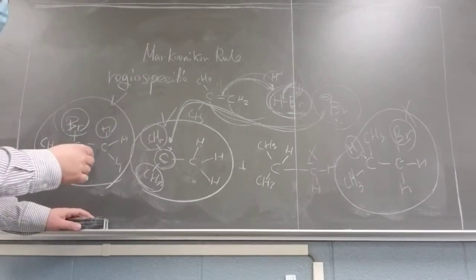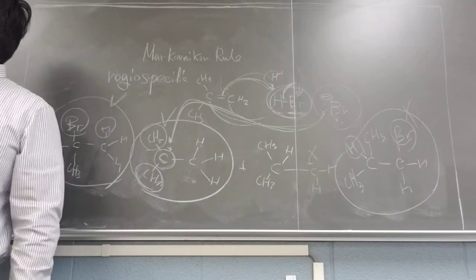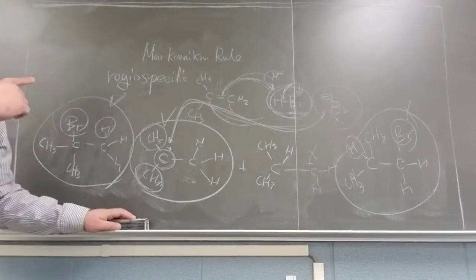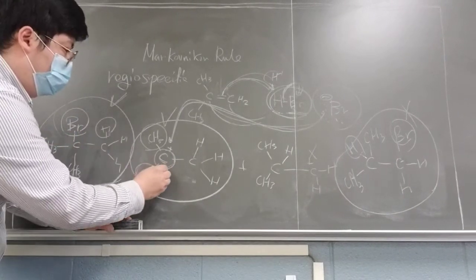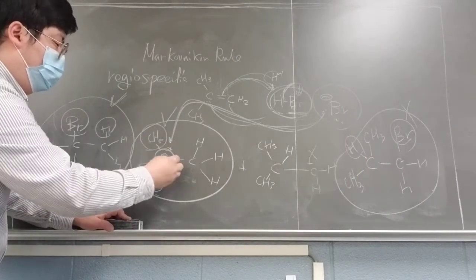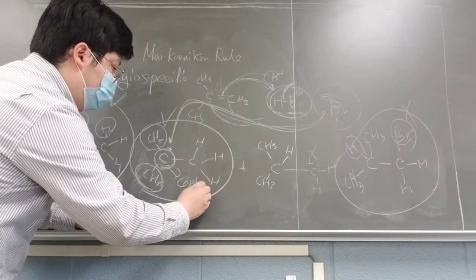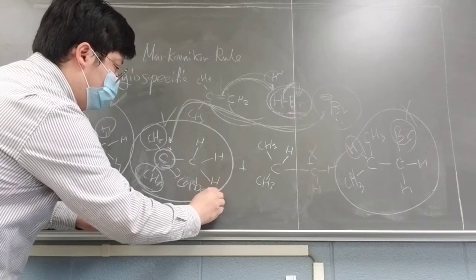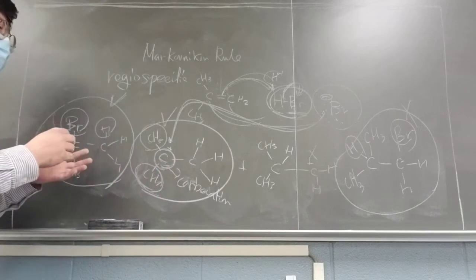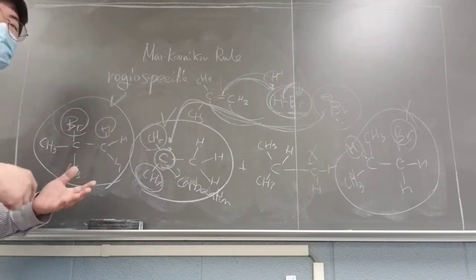And I'm going to explain why it only happens this way. But it makes sense though, right? If you have more substituents, more R groups attached to that carbon, so this is a carbocation, right? If of the two possible carbocation positions, that carbocation has more numbers of R groups on it, that is where the later nucleophilic attack will go.